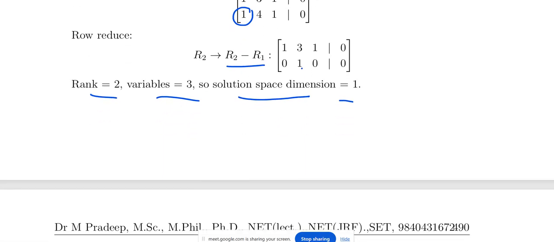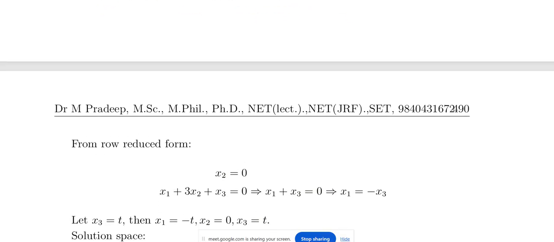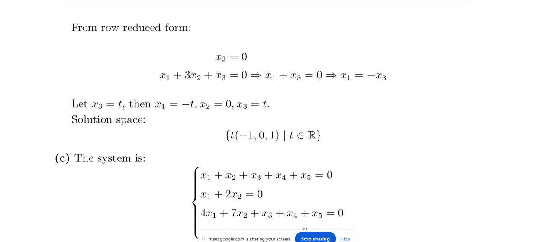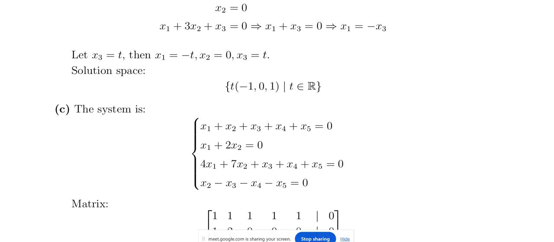So we can express the solution space using the formula x2 equal to 0, and from this, t into minus 1, 0, 1. Here x2 equal to 0, and applying the final transformation, x1 equal to minus x3. So taking x3 equal to t, x1 equal to minus t, x2 is 0, x3 equal to t, that is the linear combination.